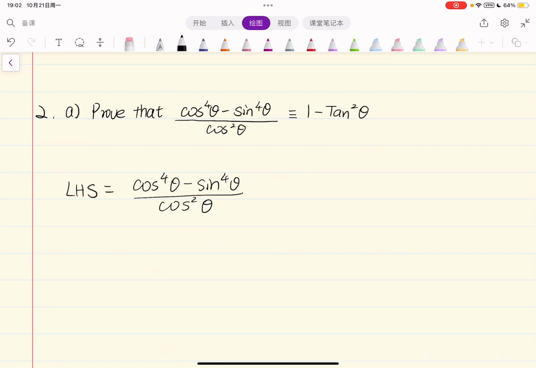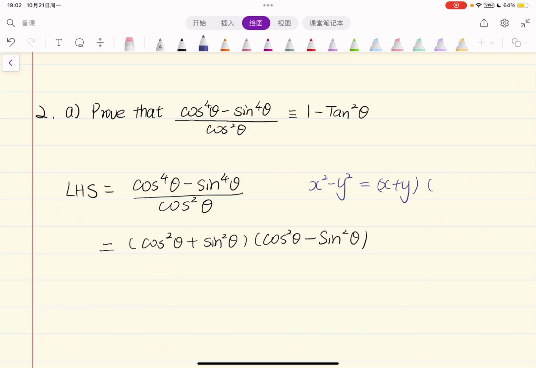So look at the numerator, we can write it as (cosine squared theta plus sine squared theta) times (cosine squared theta minus sine squared theta), which we use that x squared minus y squared equals (x plus y) times (x minus y). And the denominator is still cosine squared theta.